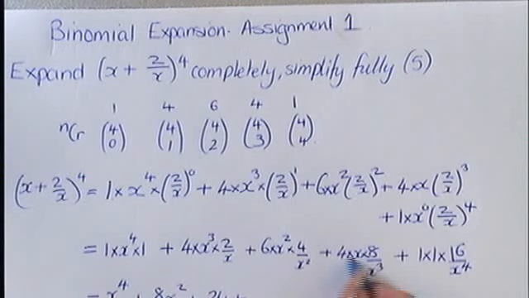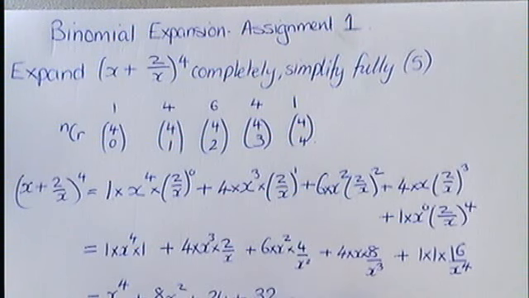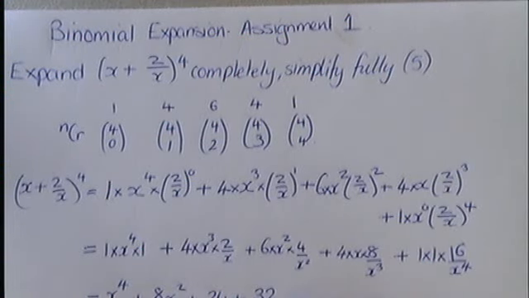Add 4 times 8 is the 32, and I've got an x on the top and an x cubed on the bottom, so that cancels down to give me x squared. Add 16, 1 times 1 times 16, over the x to the 4. So that would be enough to get you your answer mark.